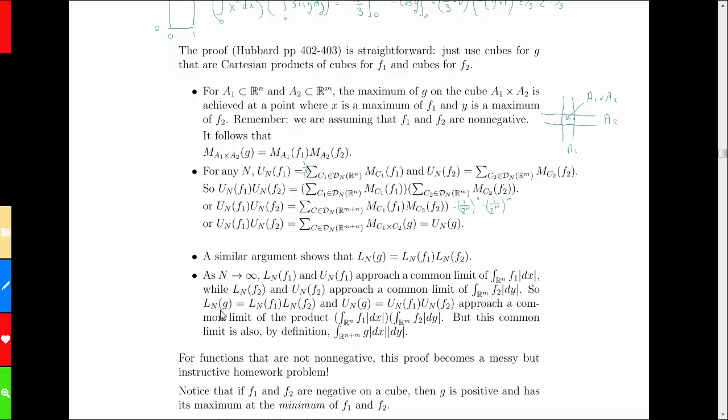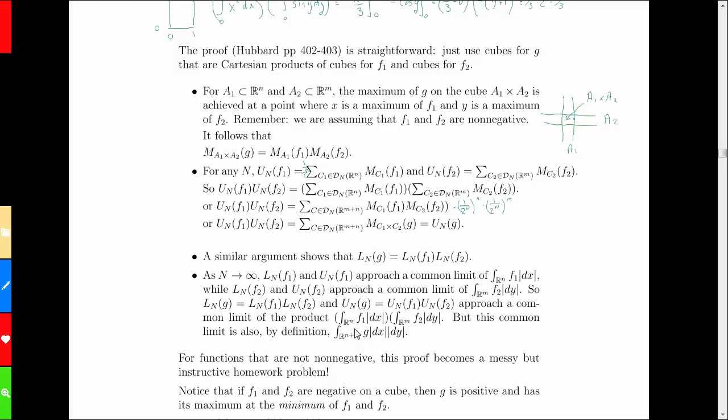And therefore, the lower sum for g and the upper sum for g both approach a common limit, which is the product of the integral of f1 and the integral of f2. But the common limit of the lower sum and upper sum for g is what we mean by the integral of g, and that completes the proof.